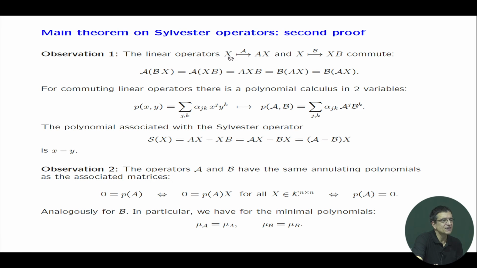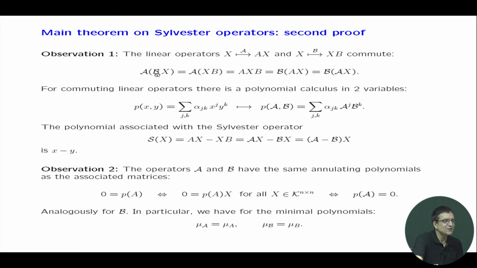So the first linear operator is multiplication with the matrix A, and I introduce for this the letter script A. And the same with B, but now from the right. Now these two operators, script A and script B, commute, and this is a very trivial fact.